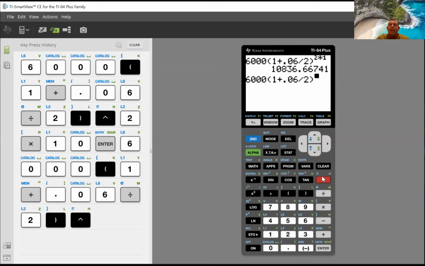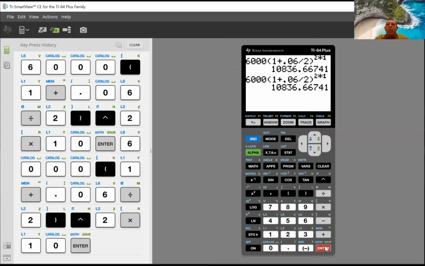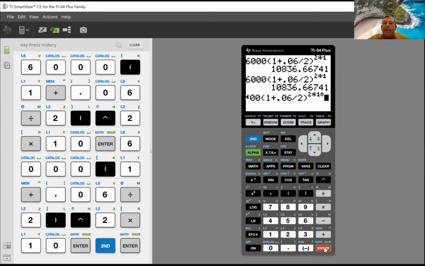Close that. And the exponent was 2 times 10. Mr. Eugene, for future reference, you can hit second enter and it'll copy it. Oh, why am I getting the same answer? Just because you put 10 at the top the first time. Oh, I did put the 10 on there. I thought y'all were getting a different amount.